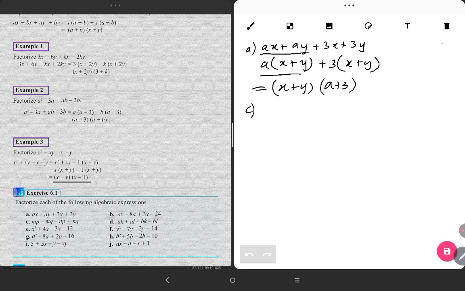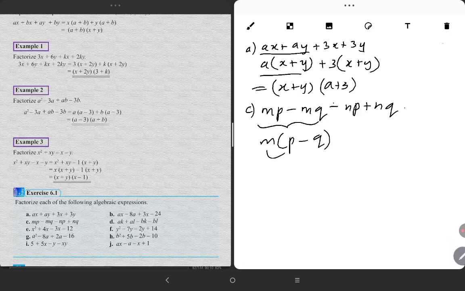So let's do C. It says mp minus mq, then the other one is np plus nq. We take m out of this, it becomes p minus q. m times p is mp, m times q is mq, and we retain this q. Now this part is a little tricky because it starts with minus, not plus, like in previous cases. But there seems to be n as a common term.